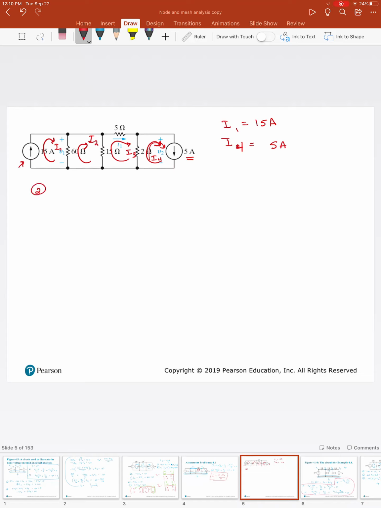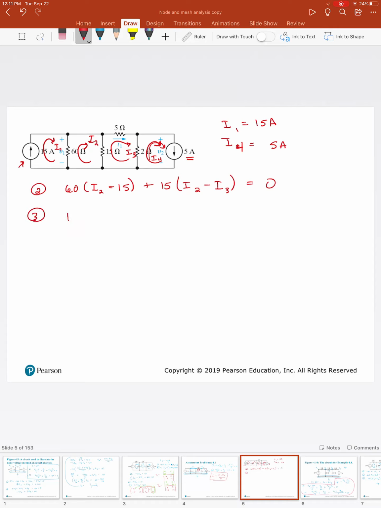Let's look at mesh 2. I'll have 60 times (I2 minus I1), which is 15. And then I'll have 15 times (I2 minus I3), and that's equal to 0.